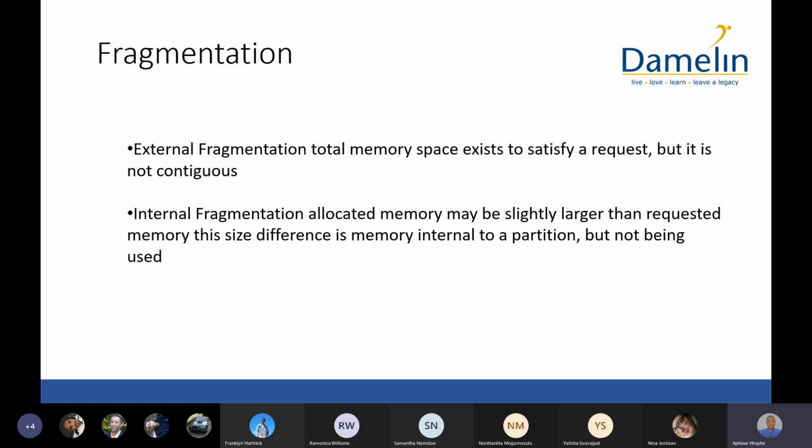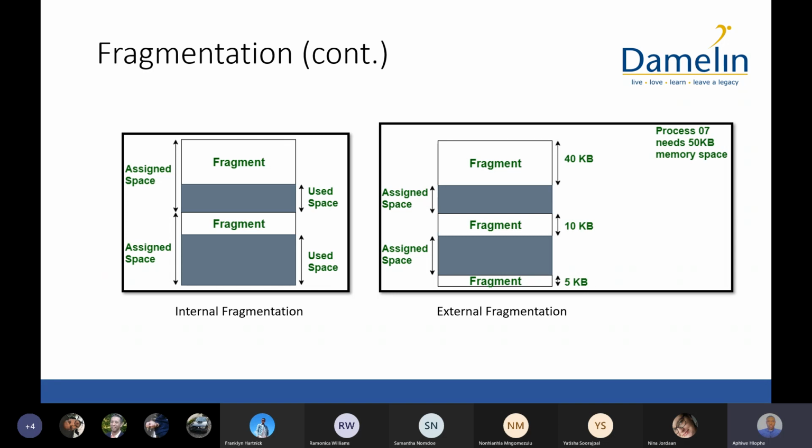I just want to move to the next slide where you see the diagrams of this fragmentation so it makes better sense. We have internal fragmentation when a process is assigned to a frame that is bigger than what it actually needs.